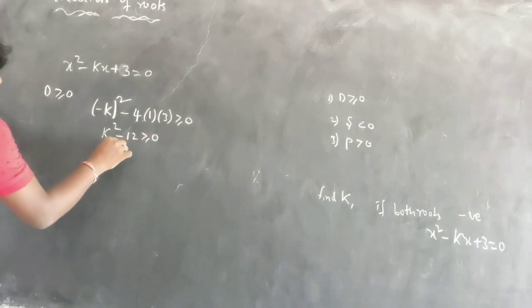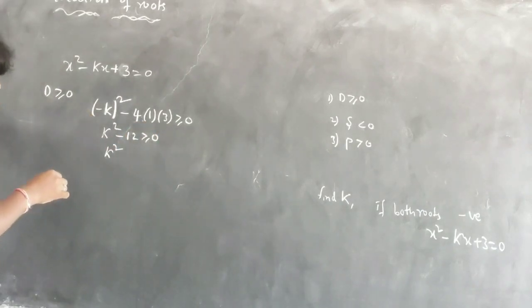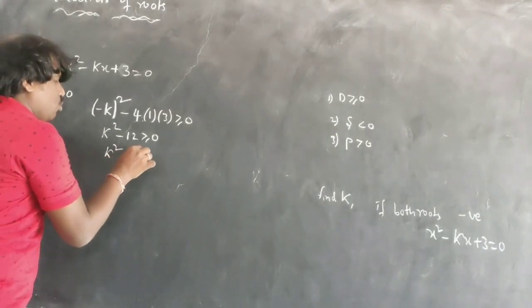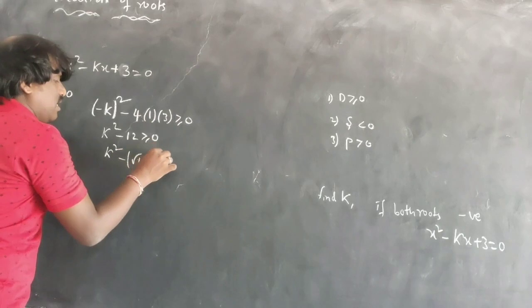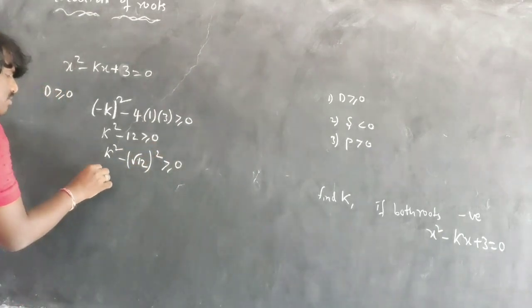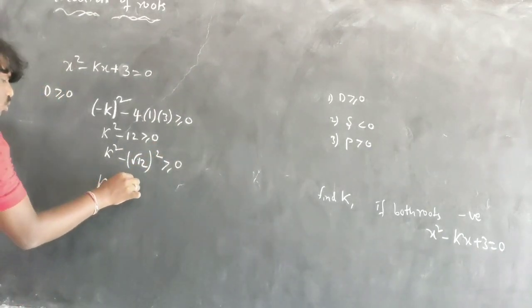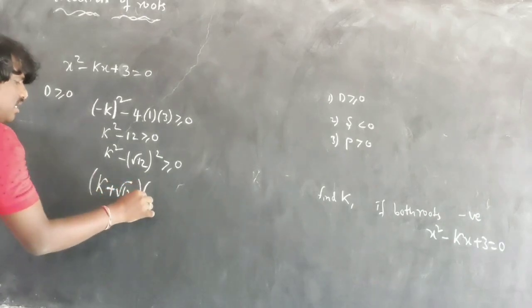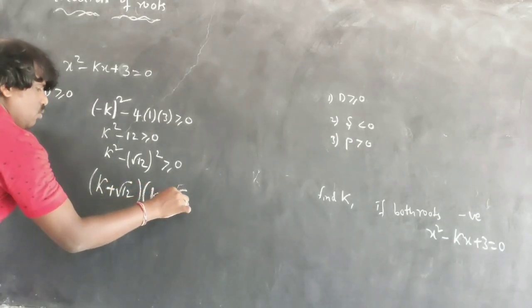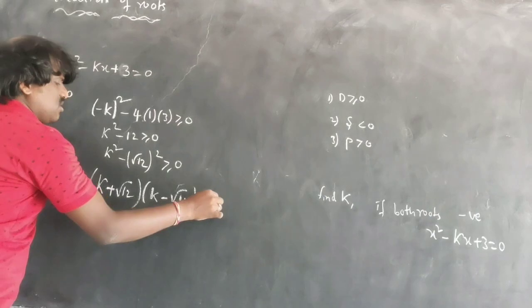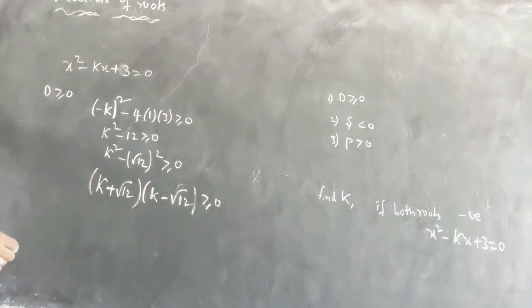I write 12 as root 12 square, so k plus root 12 into k minus root 12 is greater than or equal to 0. This can also be written as 2 root 3, but I just wrote it like this.